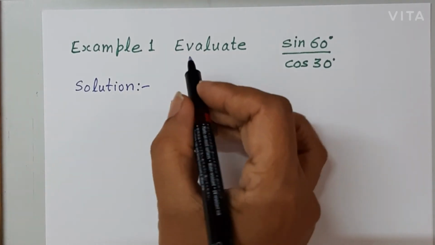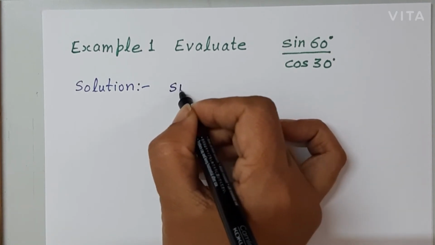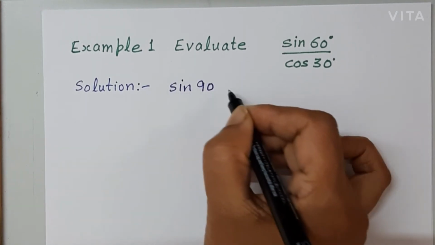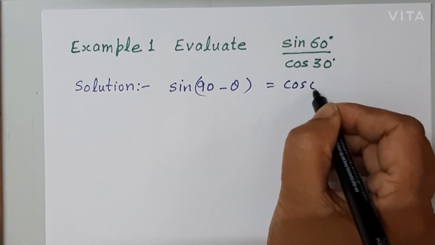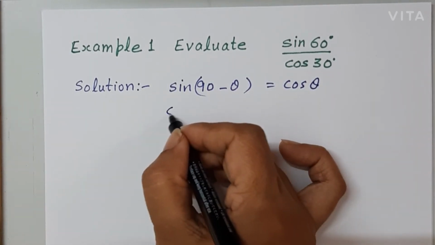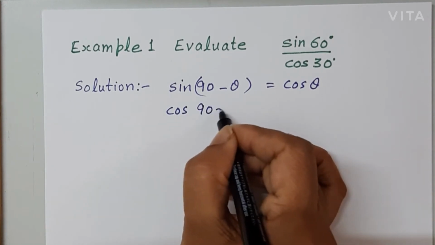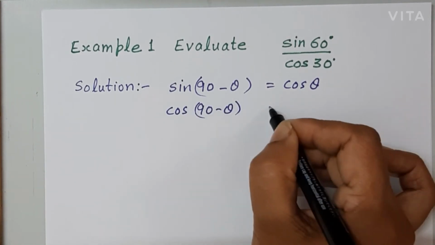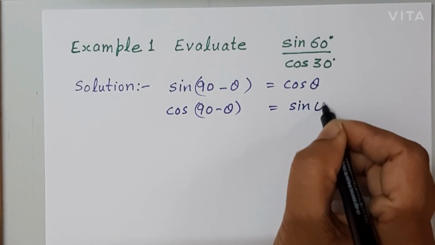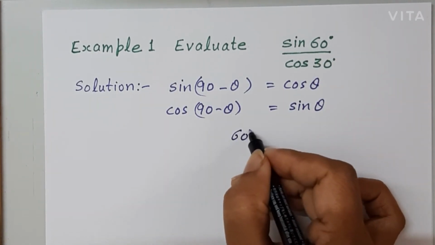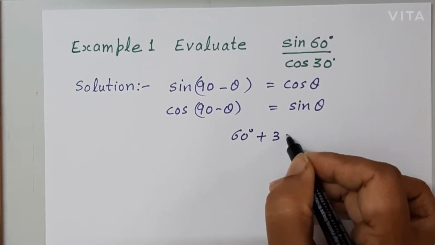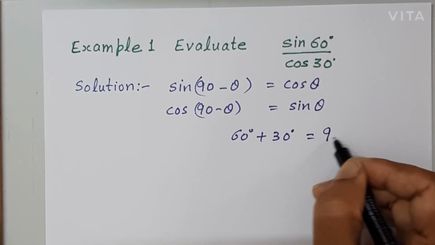Now we know that sine 90 minus theta is cos theta and cos 90 minus theta is equal to sine theta. So what are the thetas here? Thetas are 60 degree and 30 degree. The sum is equal to 90 degree.